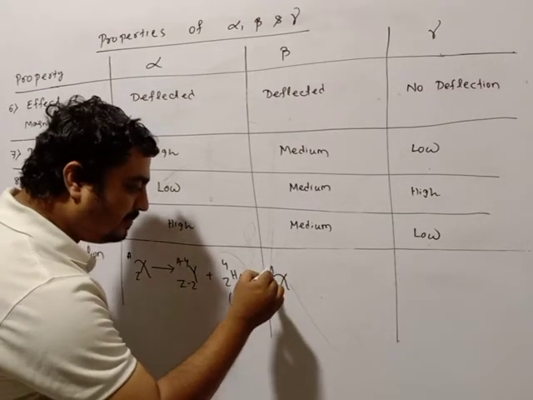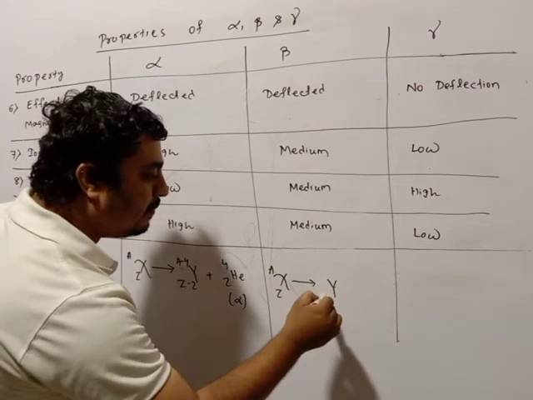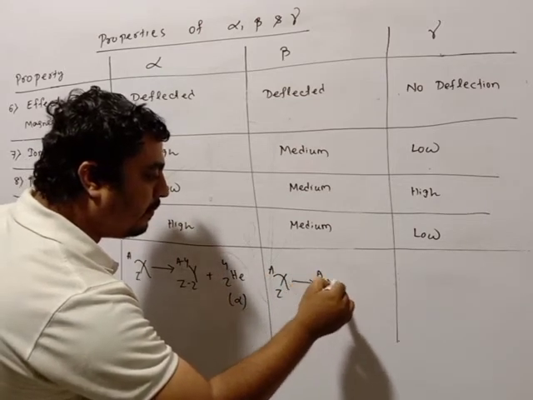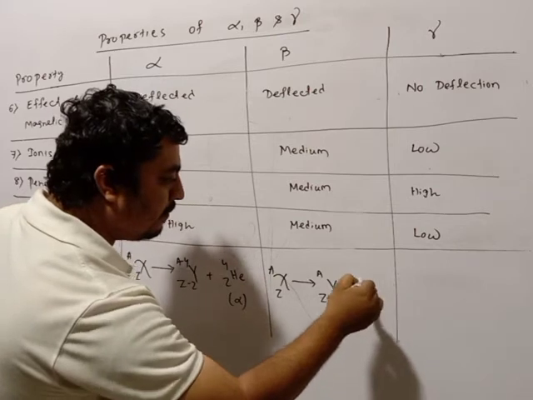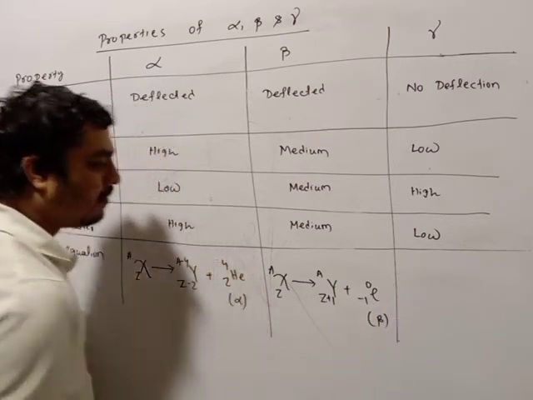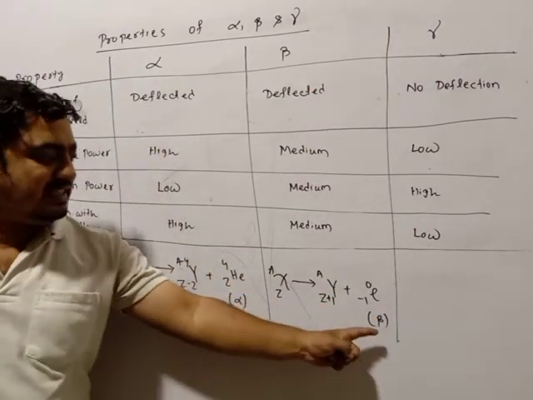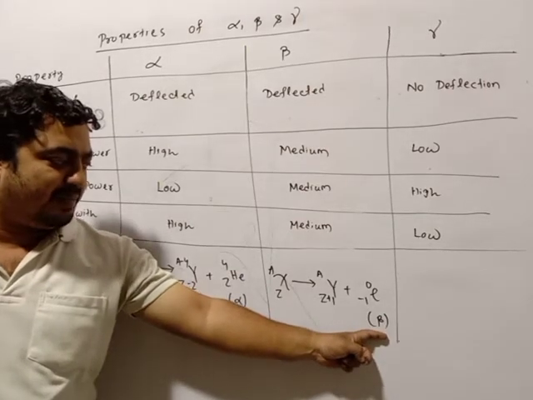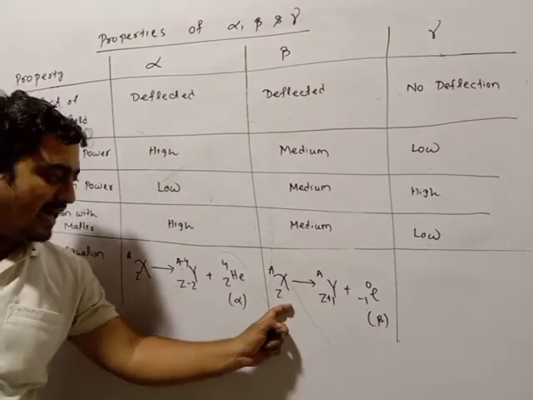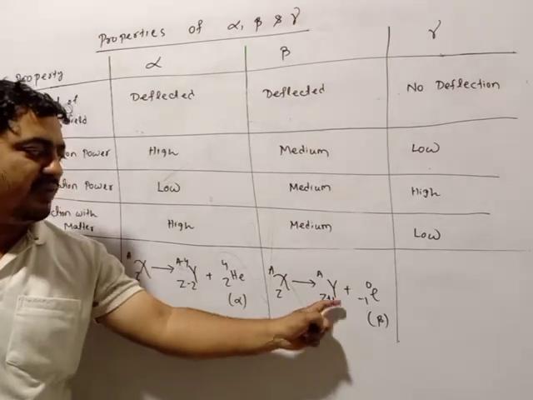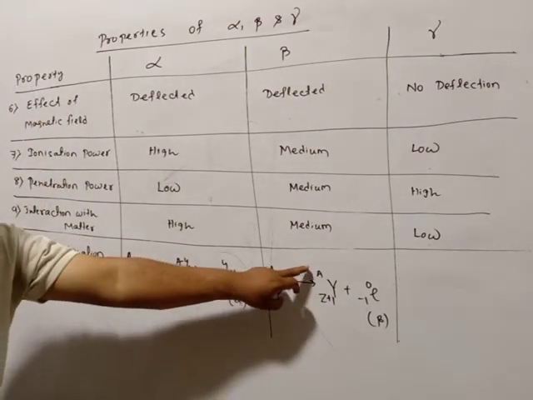For beta, if a nucleus disintegrates by emitting a beta particle, then its atomic number increases by 1 unit and mass number is unchanged.